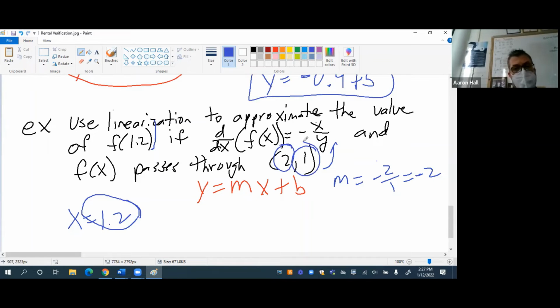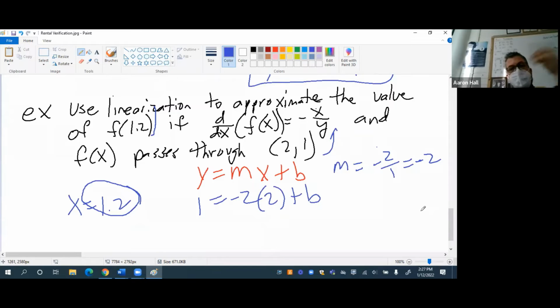Don't I plug in both? Okay, so that would give me 1 equals m, which is -2, that's what we calculated m to be, times x, which is this value here of x of 2, and then plus b. Now what?